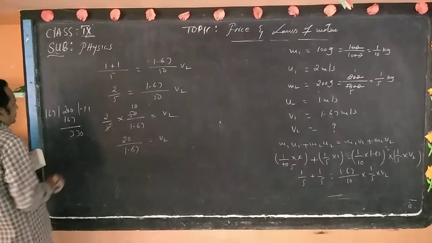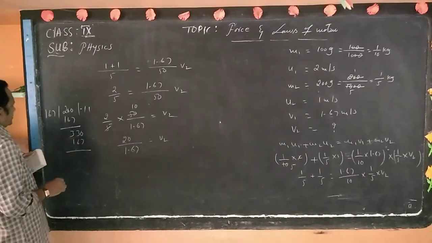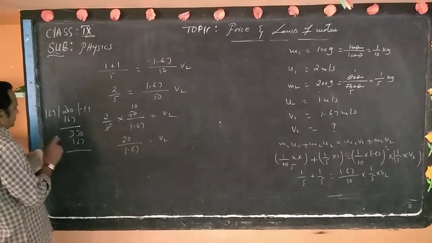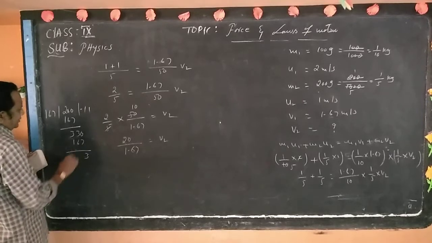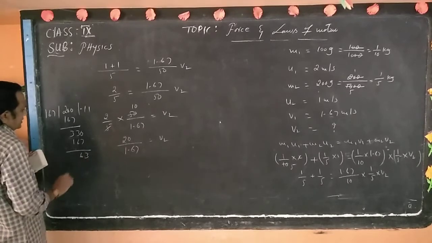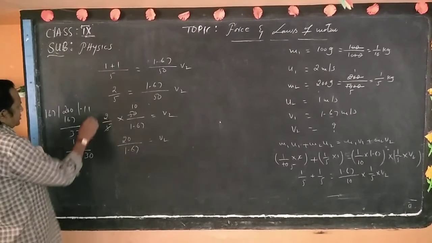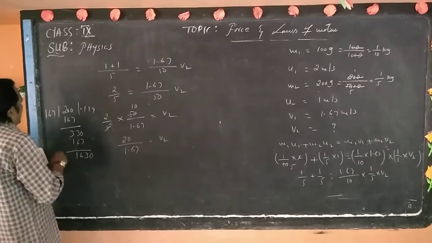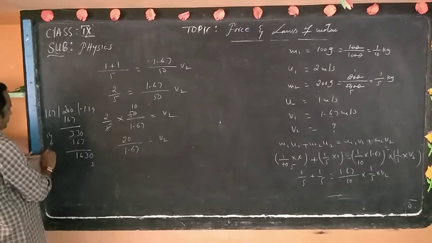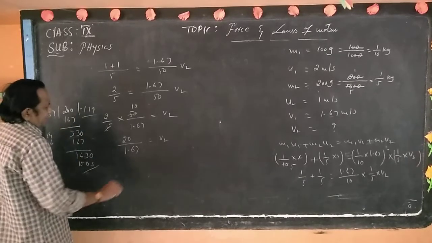Continuing the division, we keep 0, so approximately 9 times. Leave it. So what do you get?